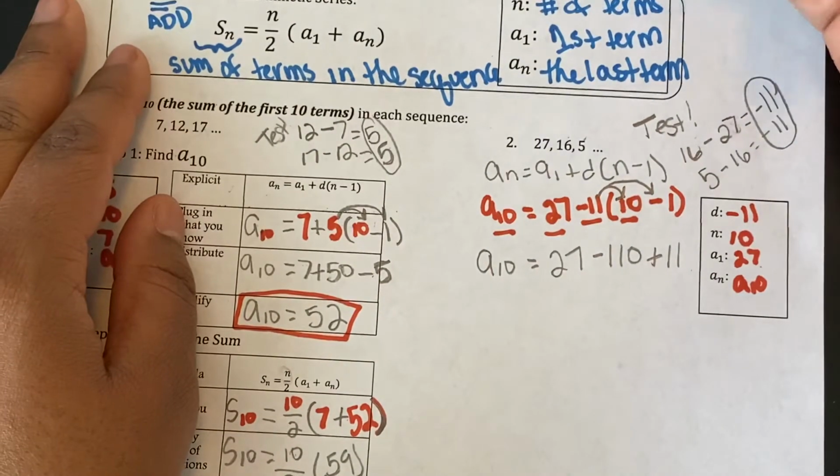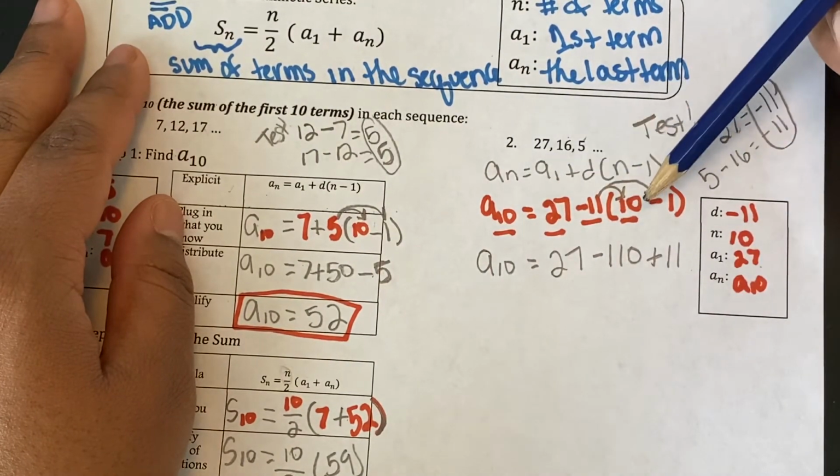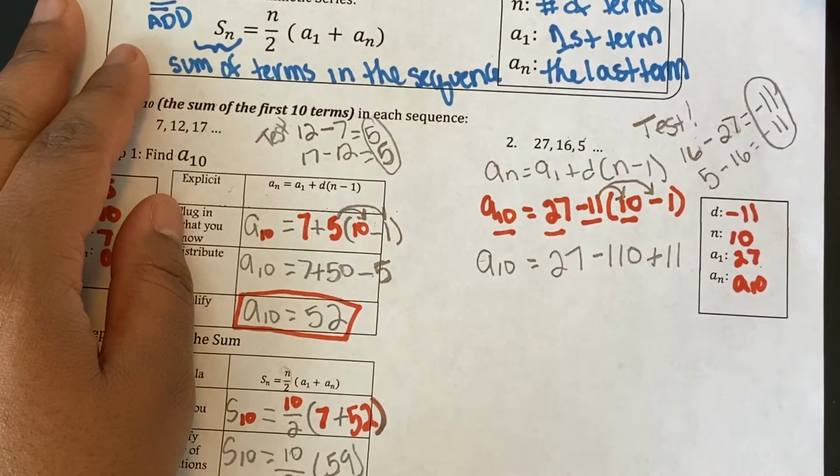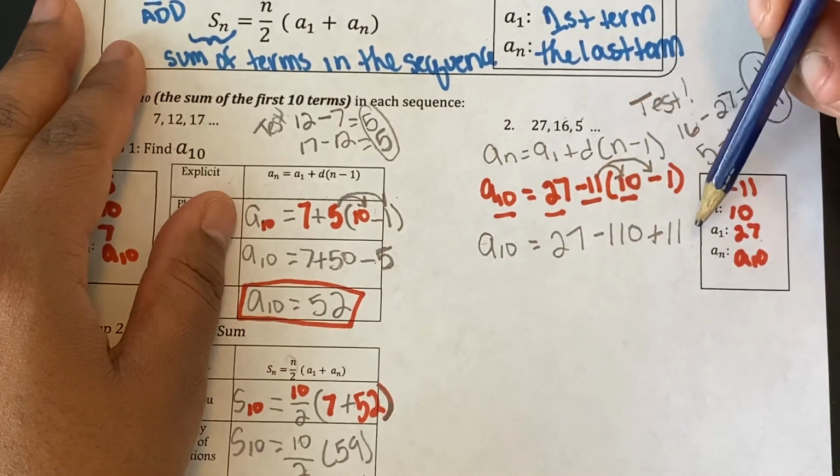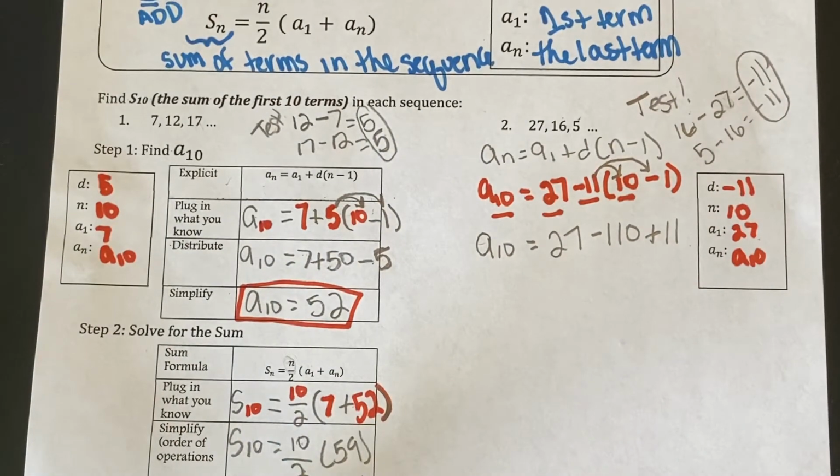All I did was distribute and rewrite everything I didn't use. Now I can just add these up, and you can do this in your calculator. 27 minus 110 plus 11 equals negative 72.